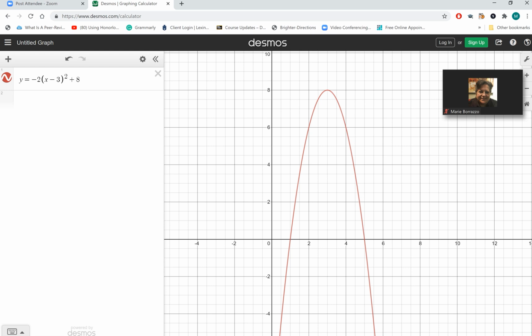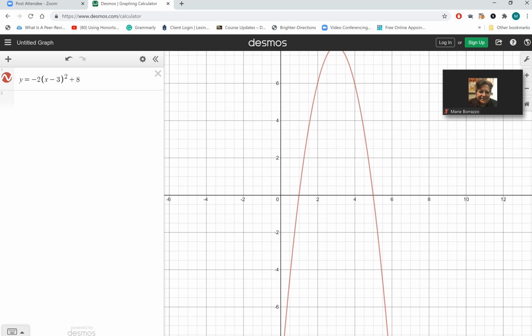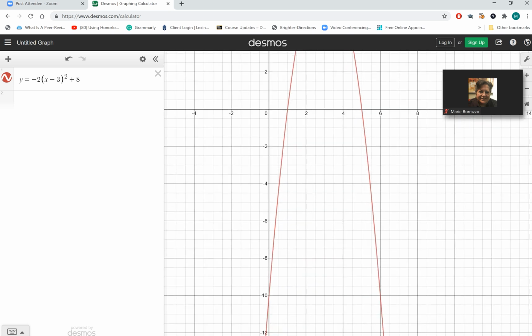Again, look at the numbers. If you look carefully, that vertex is that value, 3, 8. Here is your other cutoff, 1, 0. There's the other one, 5, 0. Those are your x-intercepts. You also have this -10 down here, 0, -10. So if you recall, I said that this was 6, -10. So if you punch in here, you see how you have 6, -10? All right, and that's how you know.